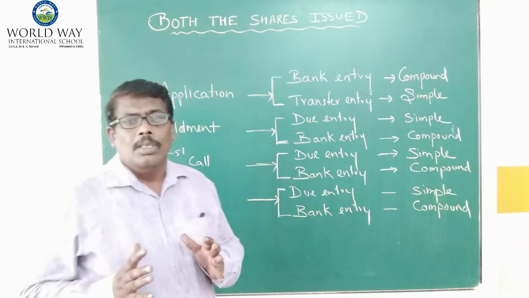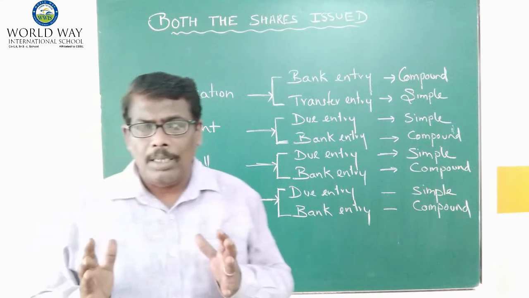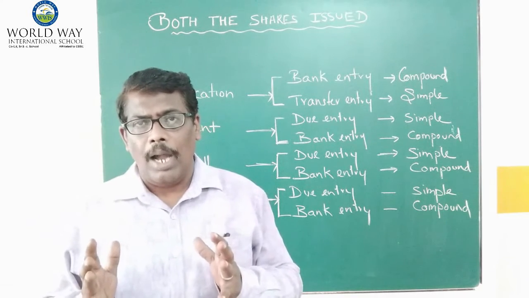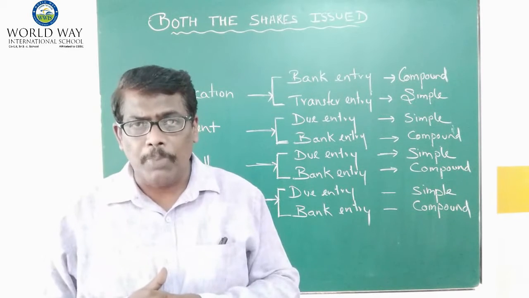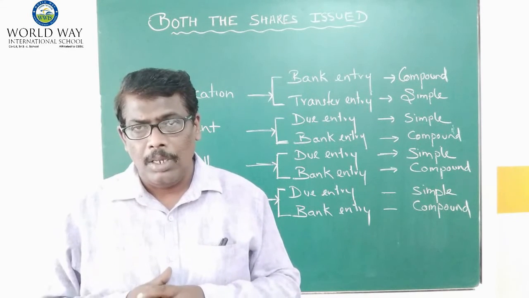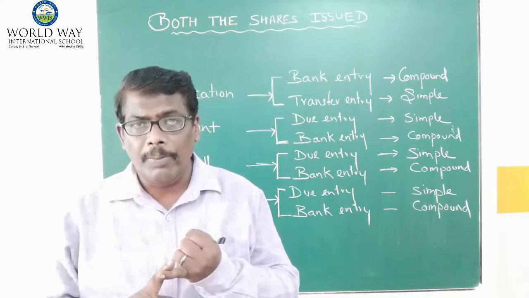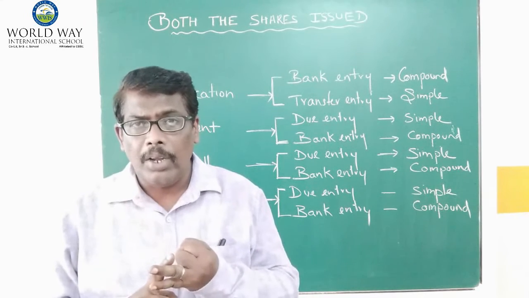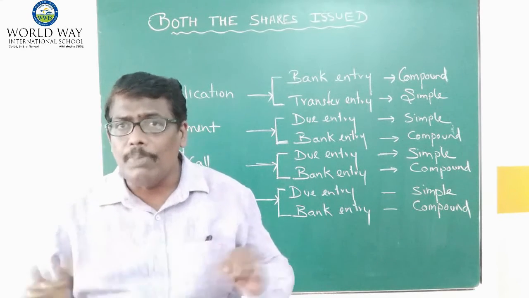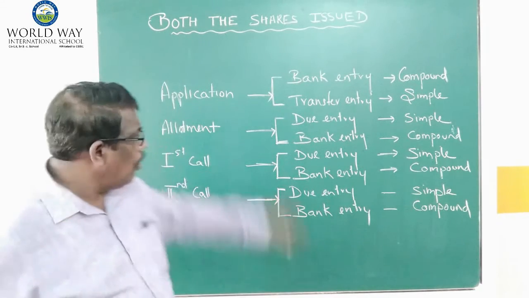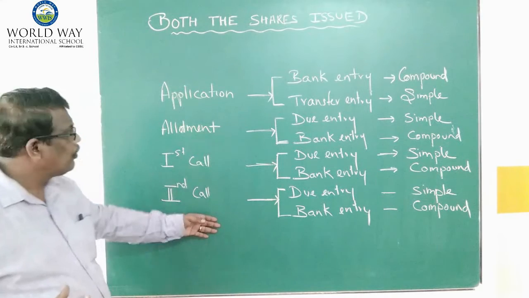So the logic behind this is that only at the time of bank entry do we pass a compound entry. At the time of transfer entry and due entry, we have to pass separate, simple entries. Now come to the chart.